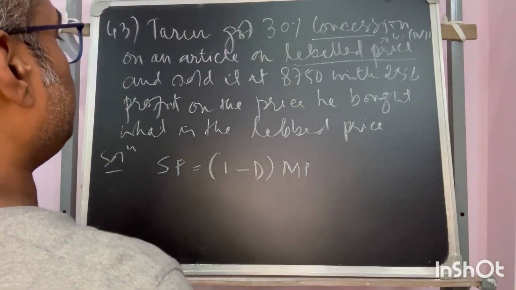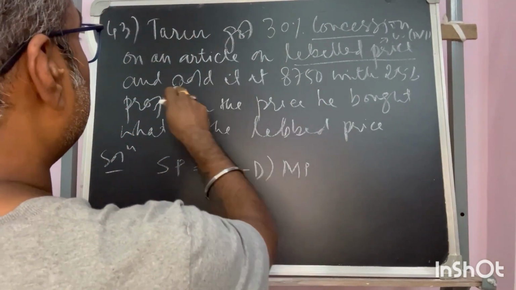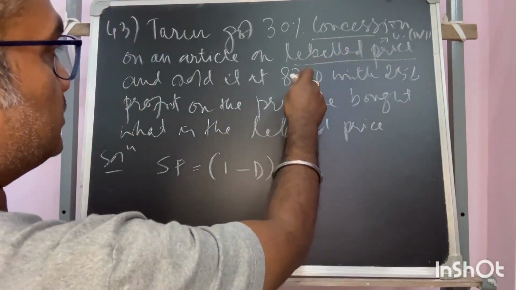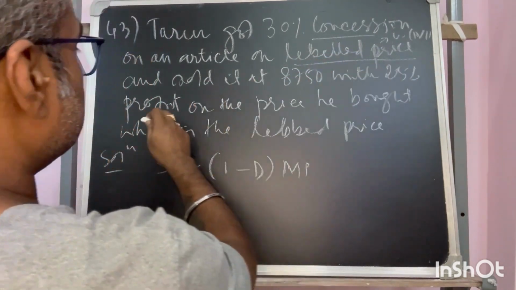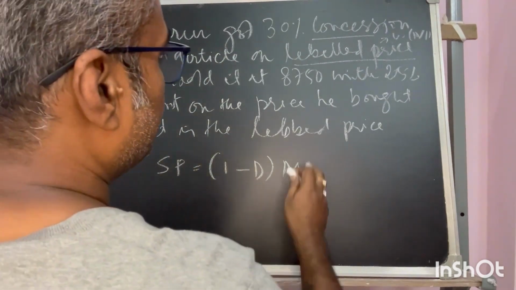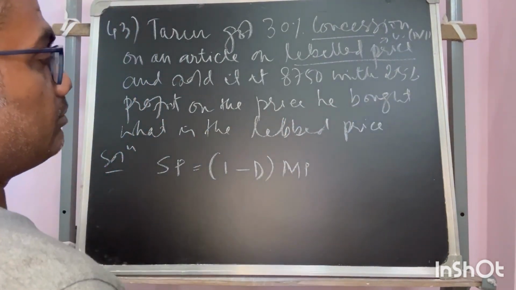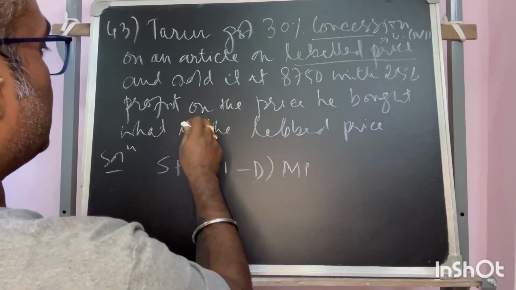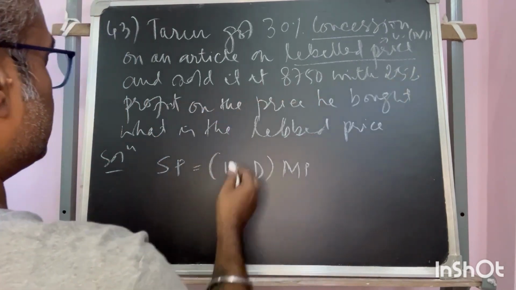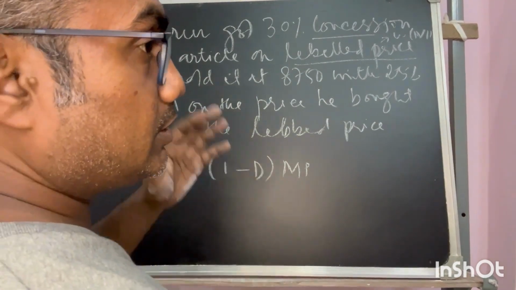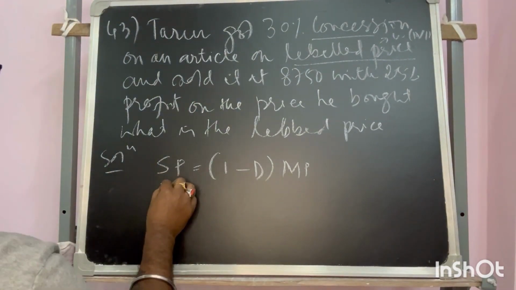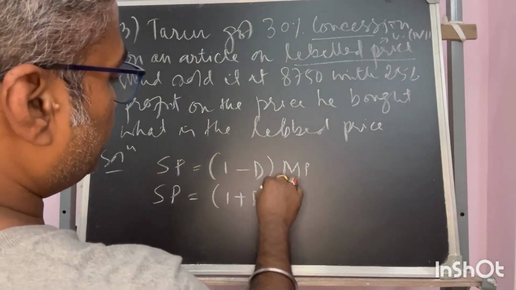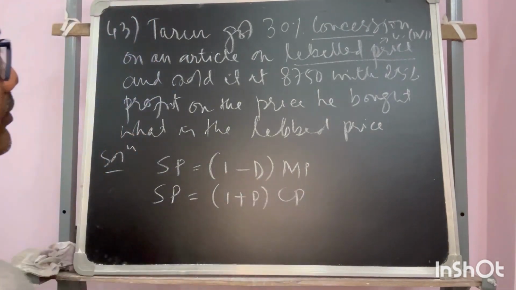At the same time, he sold it at 8750 with 25% profit. The price he bought at is the labeled price. So profit is based on the cost price, so the selling price will be again 1 plus profit into the cost price.